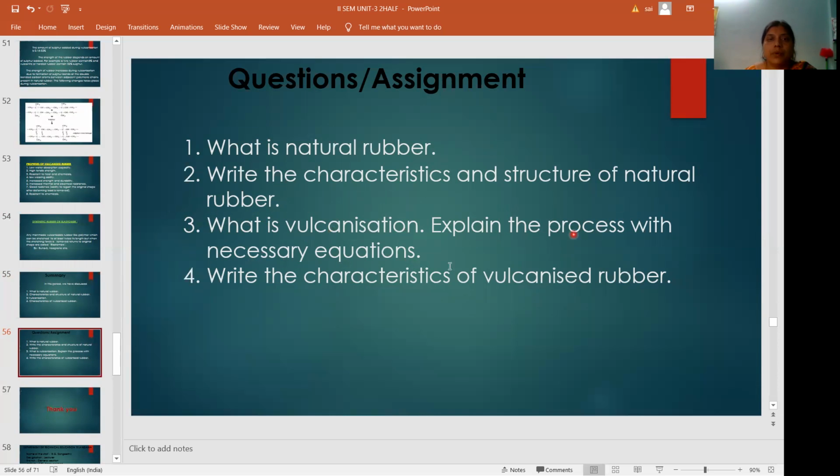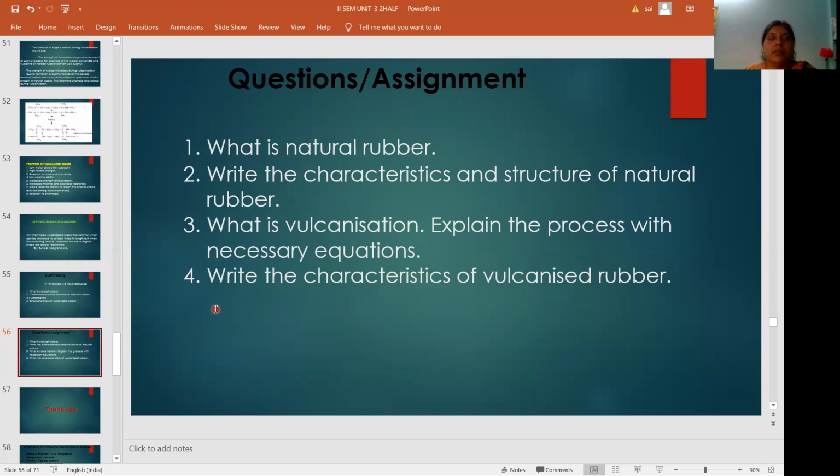Very, very, very important. And write the characteristics of vulcanized rubber, for 3 marks or 5 marks. The most repeated question is this vulcanization process for 5 marks. And for 1 mark, what is natural rubber? I forgot to write one more question: what is elastomer?